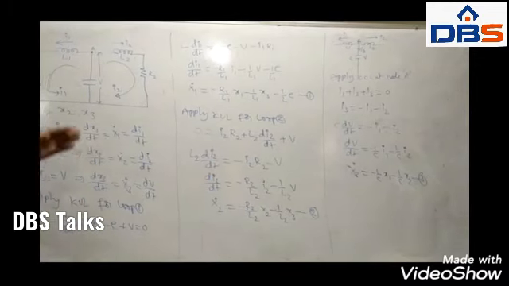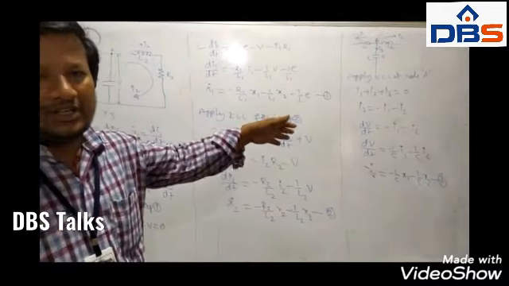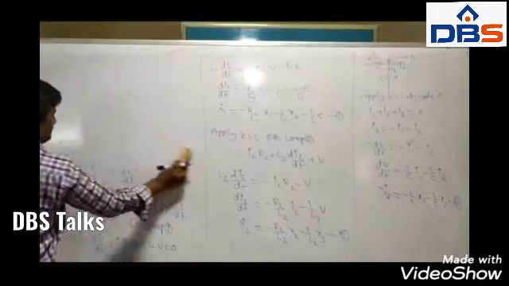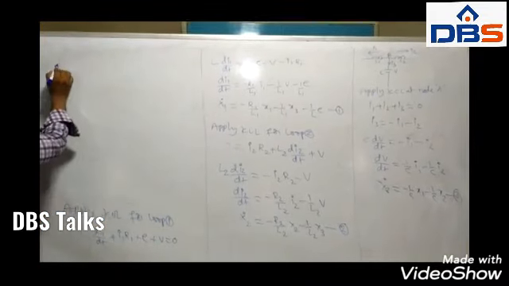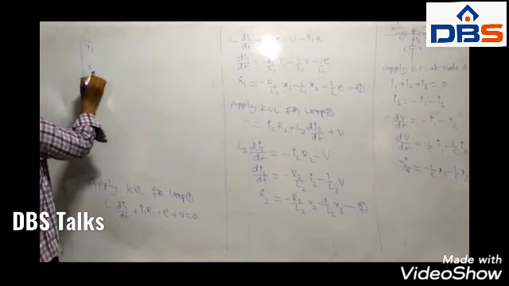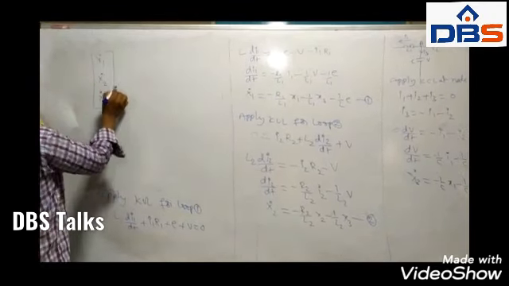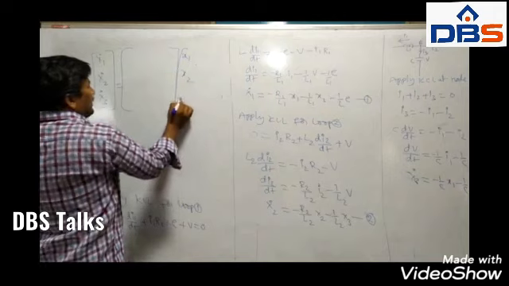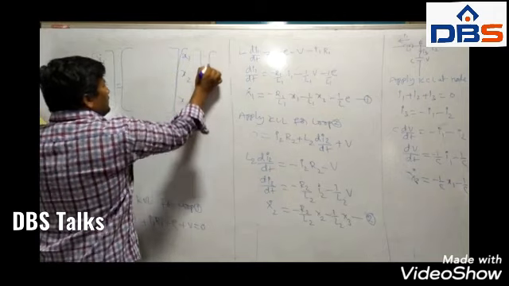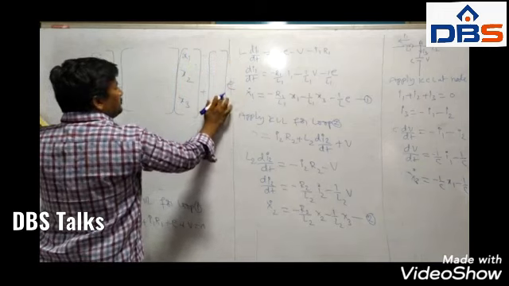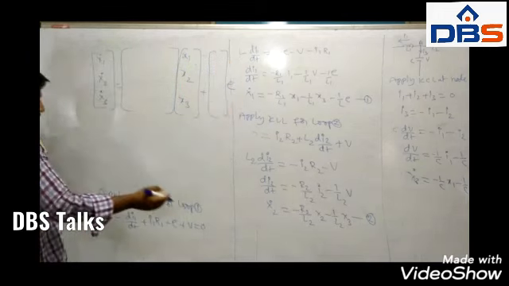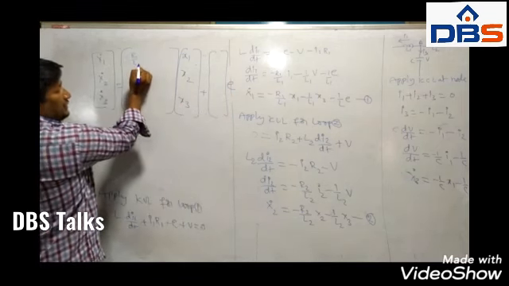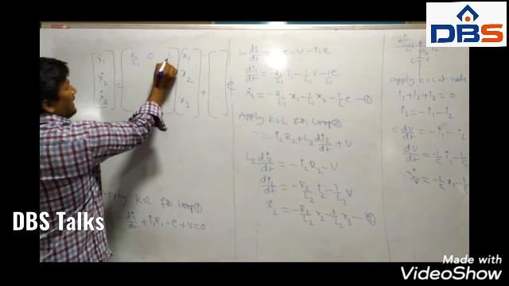Now by using equation 1, equation 2 and equation 3, the state model can be written in matrix form. This is x1 bar, x2 bar and x3 bar, so a 3 by 3 matrix in terms of the state variables x1, x2, x3, and the input is E. From the first equation: minus R1 by L1, there is no x2 term so 0, minus 1 by L1.